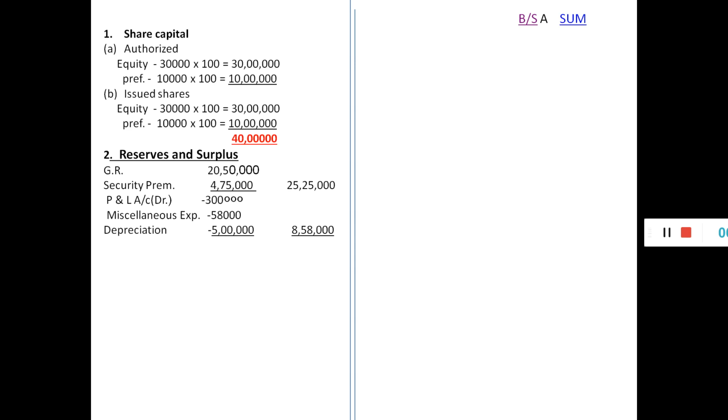Depreciation 5 lakh. So due to the miscellaneous expense, depreciation and previous year loss 3 lakh rupees, 8 lakh 58,000 will be deducted from the total 25 lakh 25,000. So the remaining 16 lakh 67,000 will be shown in the balance sheet.